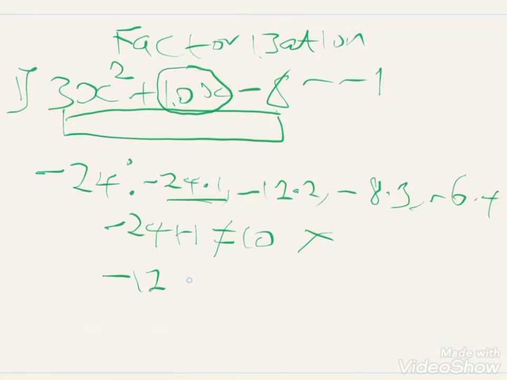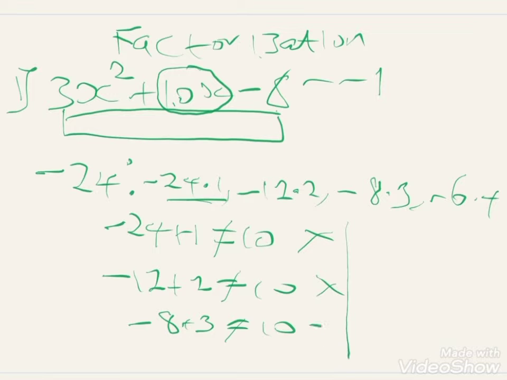Again, minus 12 plus 2 is not equal to 10. It is equal to minus 10, and minus 10 is less than 10. So we reject. For the third pair, minus 8 plus 3 is minus 5, which is not equal to 10.